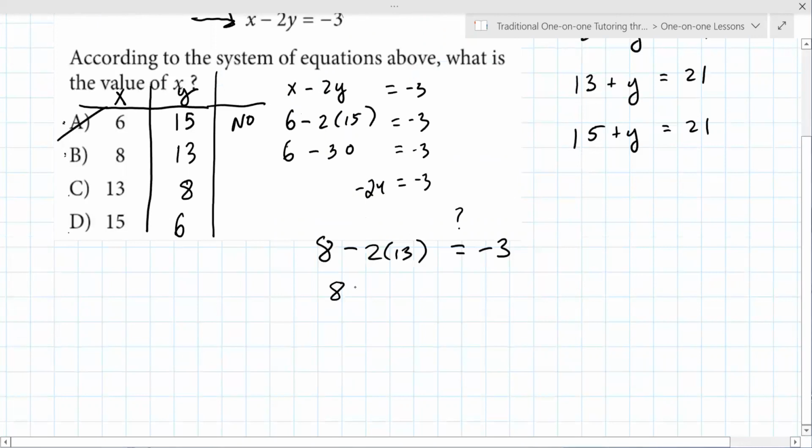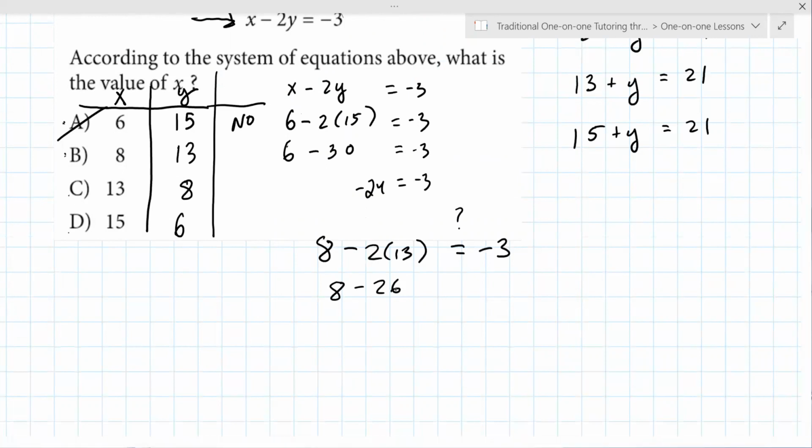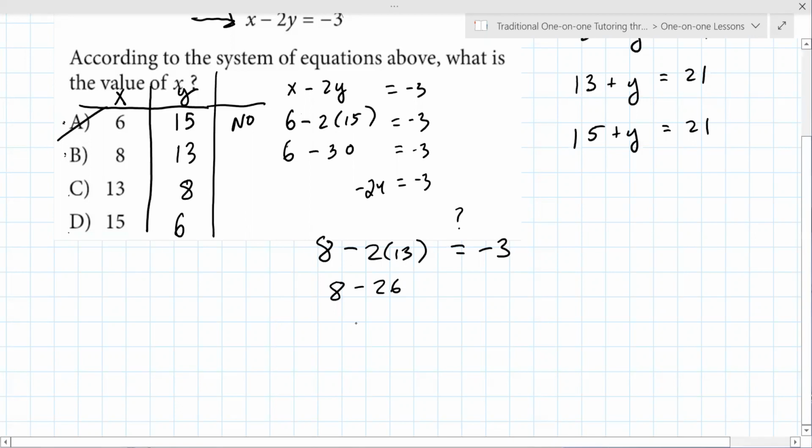The order matters. 8 minus 26 is -18. So that's obviously not the right one. So B is out.